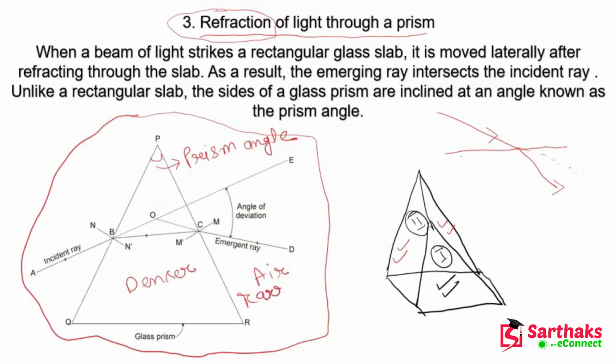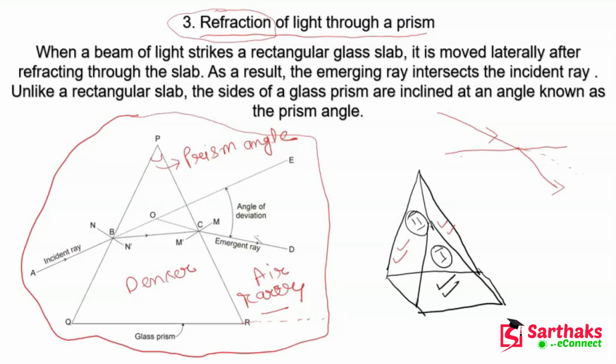Whenever light enters from a denser to a rarer medium, it bends away from the normal. You can see that it is bending towards the base of the prism like this.